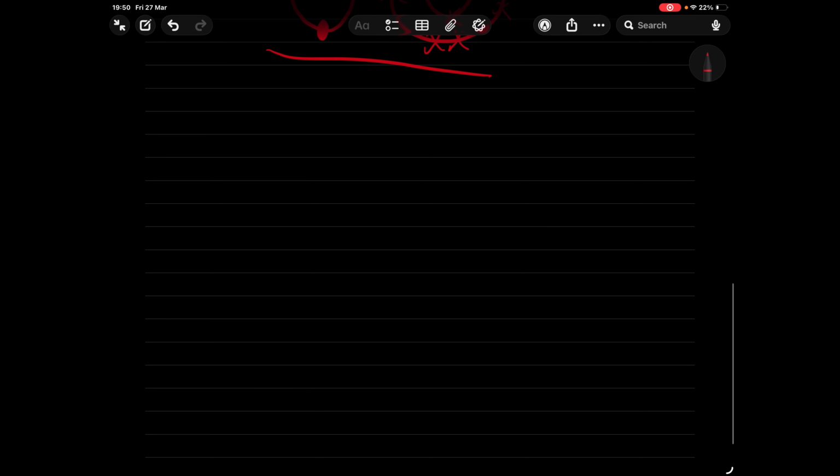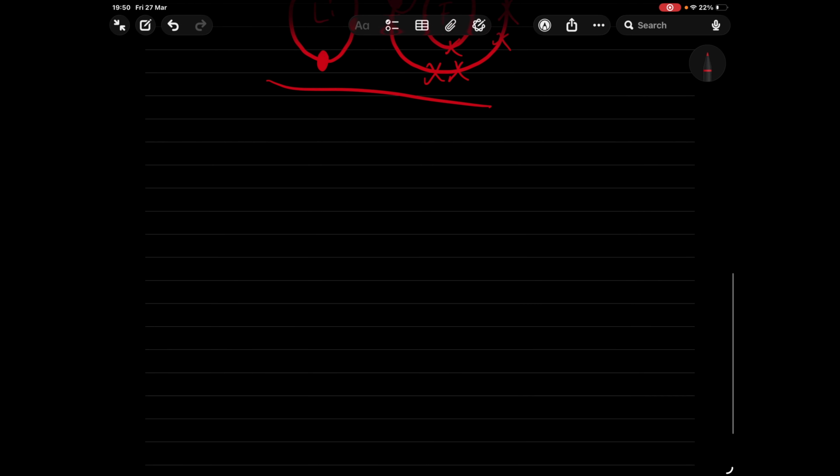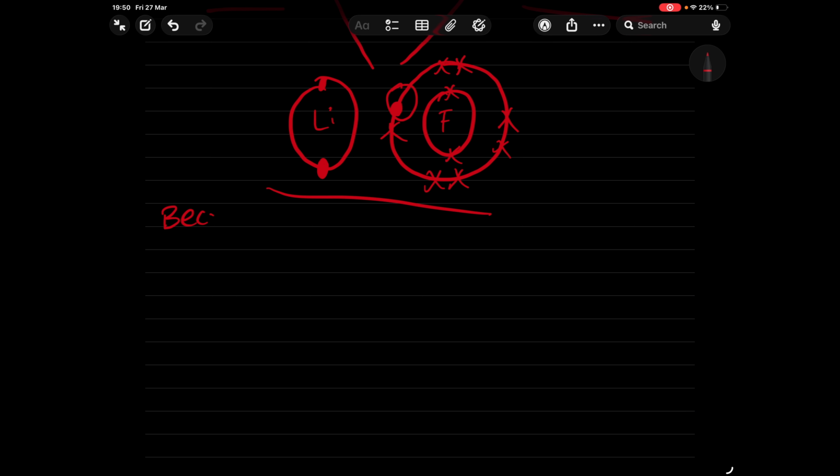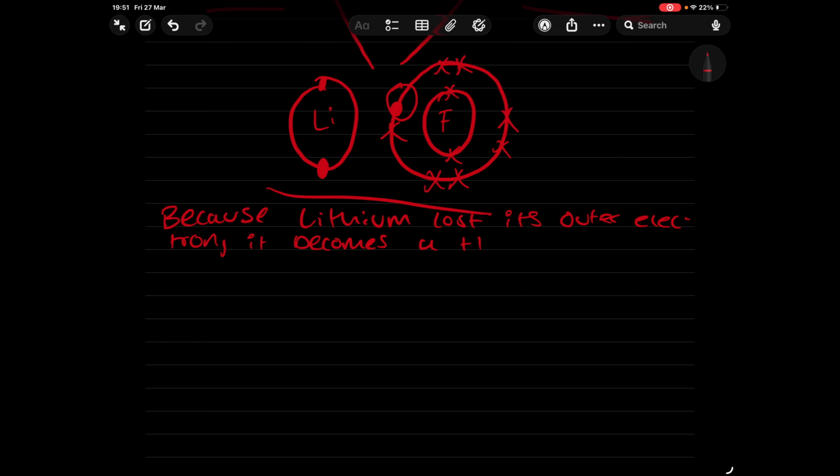Both fluorine and lithium atoms now have a full outer shell, as I said, but because lithium lost an electron, it becomes a positively charged ion. Because lithium lost its outer electron, it becomes a +1 ion.